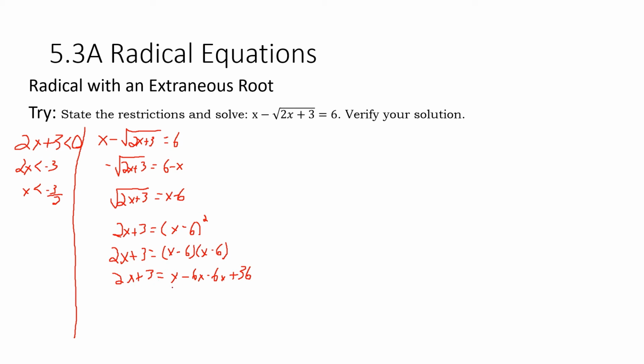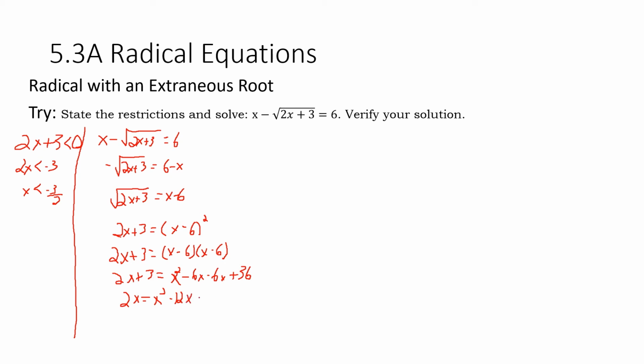Let's work with our quadratic equation. We're going to need 0 equals our trinomial. So we're going to bring these other two over to the other side. Let's bring the 3 over. So we're going to subtract 3 from both sides. So 2x equals, and then we can put these two 6's together. Oh, sorry, this is supposed to be x squared, if you didn't do that. Negative 6 minus 6 more is negative 12x.